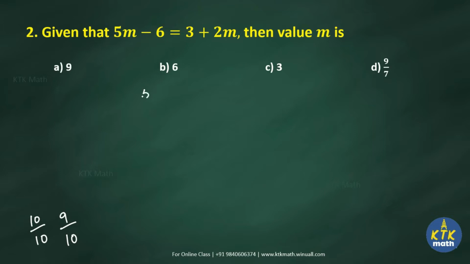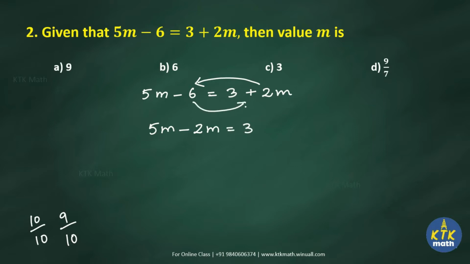Now in this case, just write down the question: 5m minus 6 is equal to 3 plus 2m. I need to arrange variables on one side, constants on the other side. So 5m, let it be here. This plus 2m, move it to the left side, it is going to be minus 2m. On the right hand side you already have 3. You just move this minus 6 to the right hand side, it is going to be plus 6.